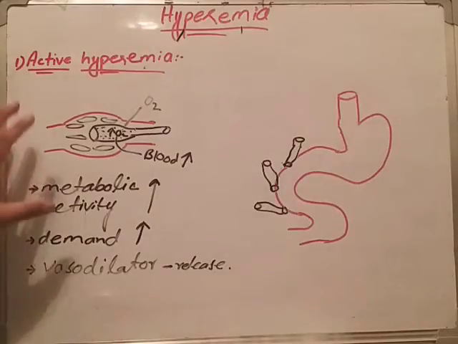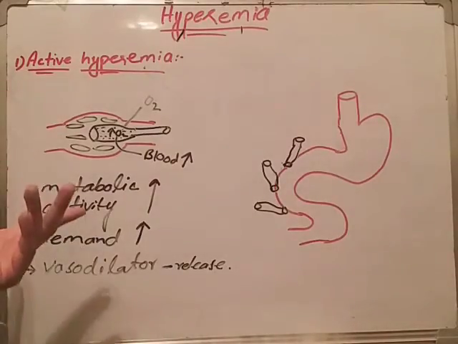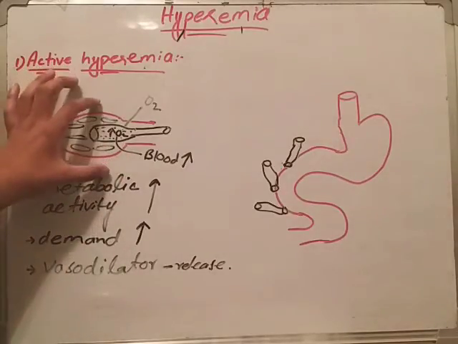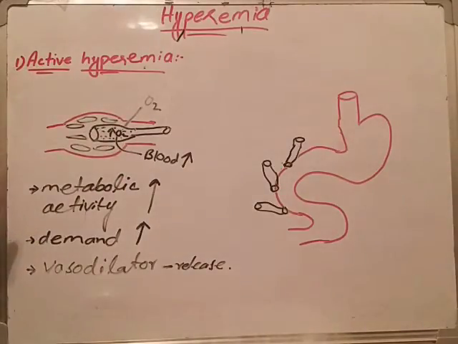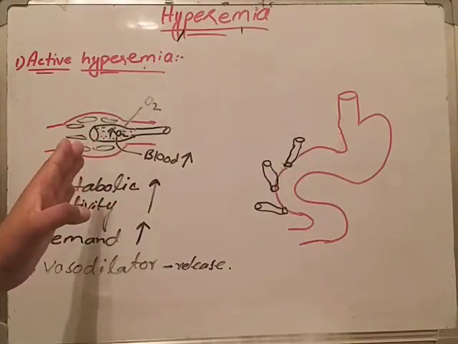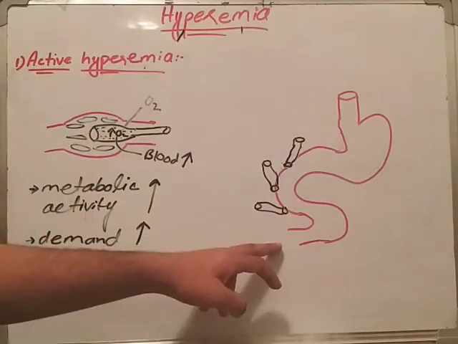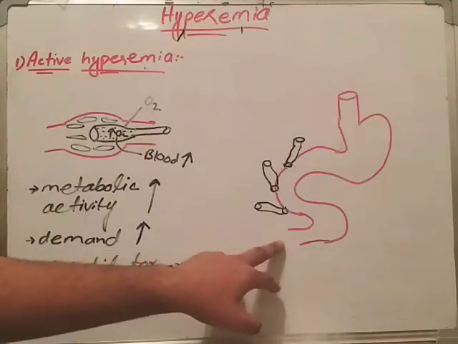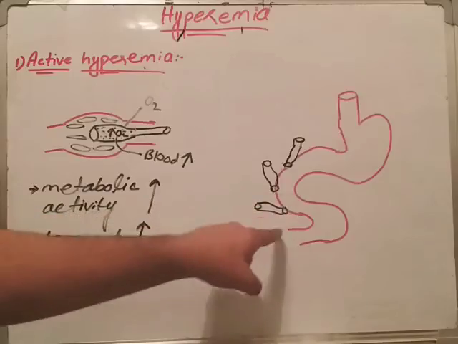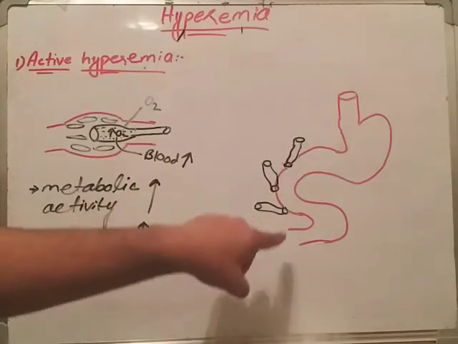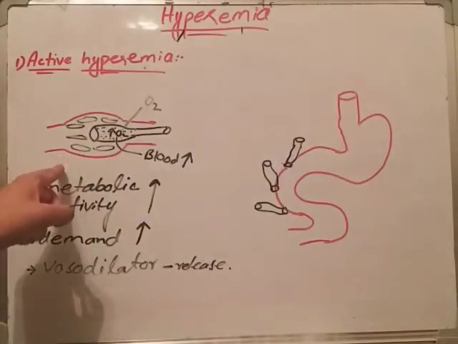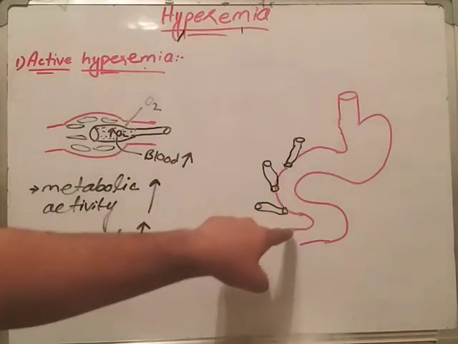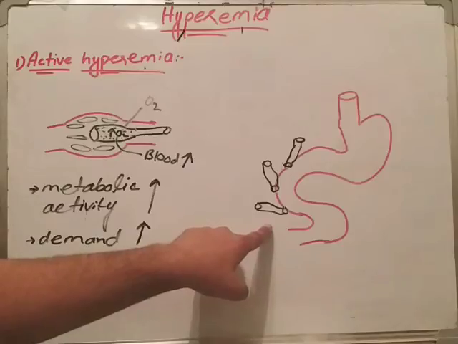At the same time, for example during exercise, hyperemia occurs: vasodilation and more blood flow to the skeletal muscles. At the same time, for other organs, for example the GIT, which are not taking part in heavy exercise, the blood supply to those organs will decrease.